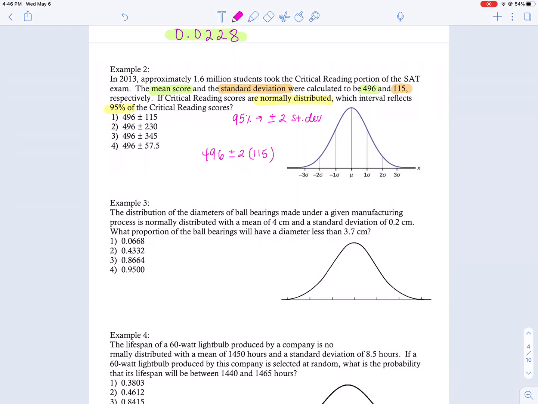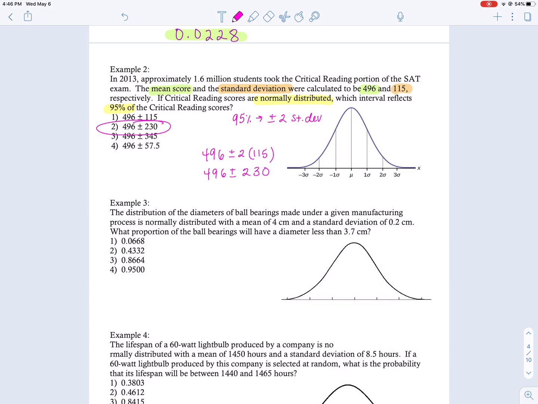Why 2? Because you got to go 2 standard deviations above, 2 standard deviations below. So 496 plus and minus your 230 has to be your answer. This is within 2 standard deviations. If I wanted within 1 standard deviation, then I would pick choice 1. That's only within plus and minus 1 standard deviation.